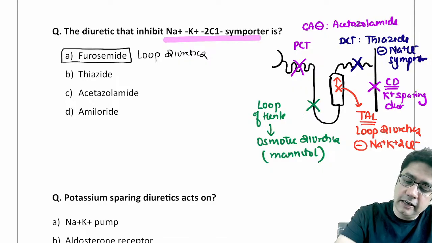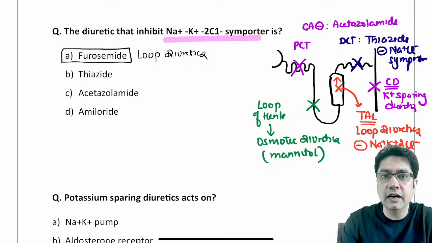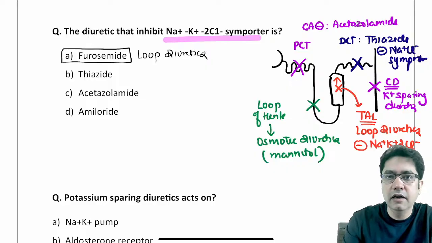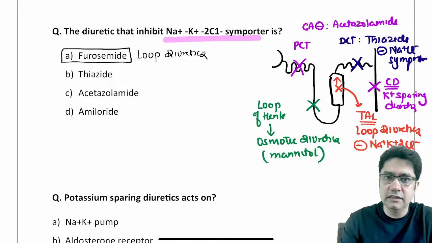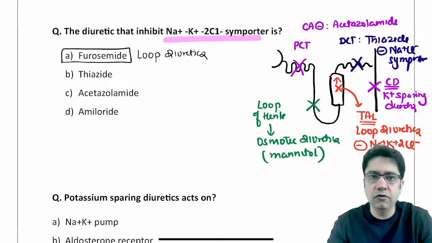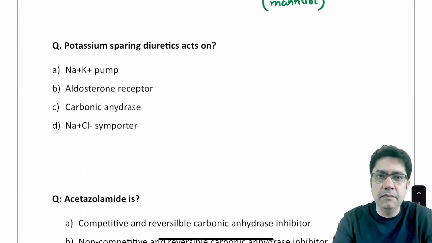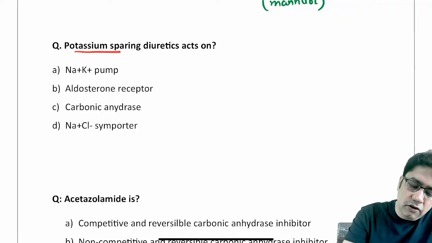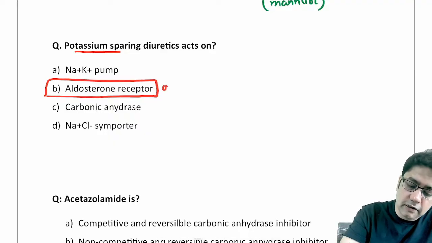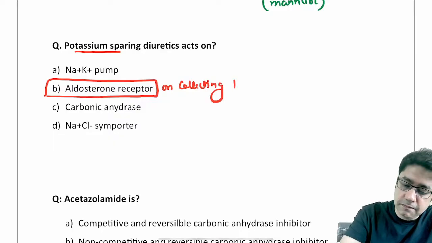Potassium sparing diuretics like spironolactone and amiloride act on the collecting duct of the nephron. So the answer to this question is furosemide, a loop diuretic. Potassium sparing diuretics act on aldosterone receptors present on the collecting duct of the nephron. They block aldosterone receptors.